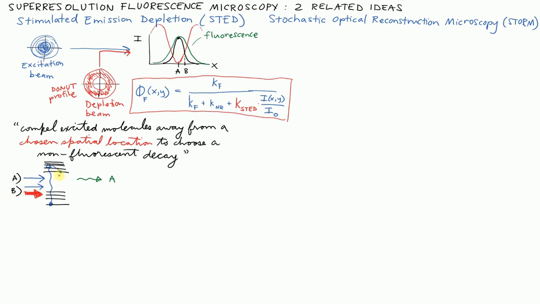Then instead of a green photon being emitted, as it was before, that might go down to this vibrational level, the red photons compel this to emit a red photon which doesn't go down to the same level. And so a different energy photon is given off. It's stimulated by this red beam to decay, giving off a red photon.